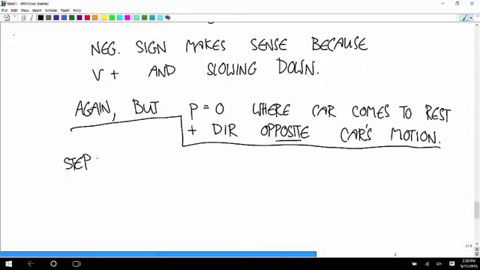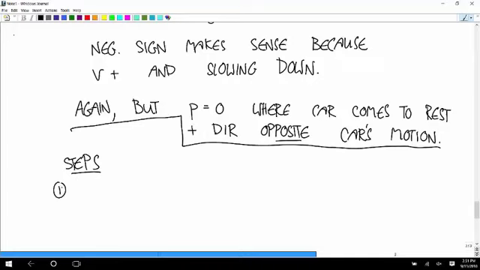Drawing position versus time graphs is a little different in that way than using these equations to solve for variables.